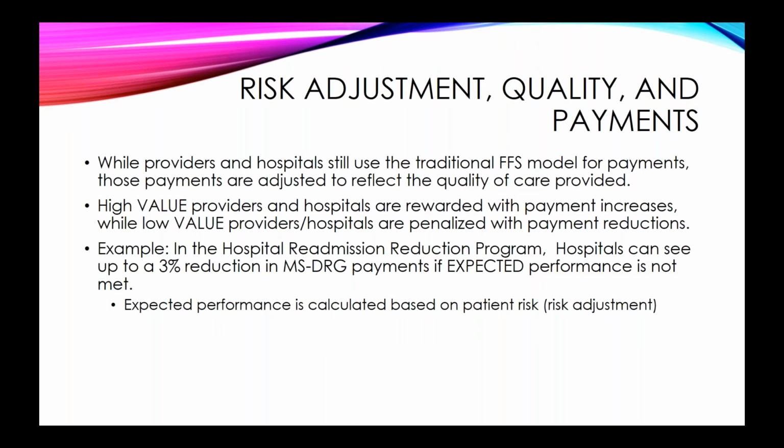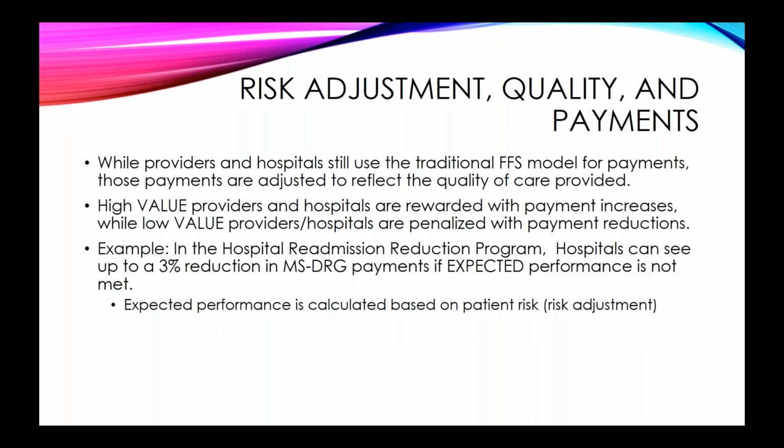Here's a good example, the hospital readmission reduction program. Hospitals can see up to a 3% reduction in their MS-DRG payments if expected performance is not met. So when a lot of this information is published, you're going to get an O to E ratio, an observed over expected performance.